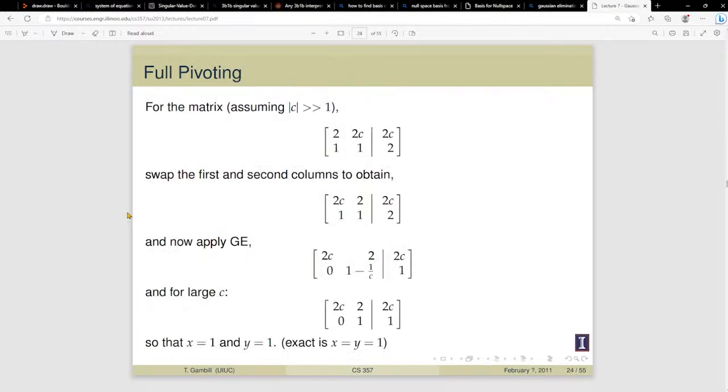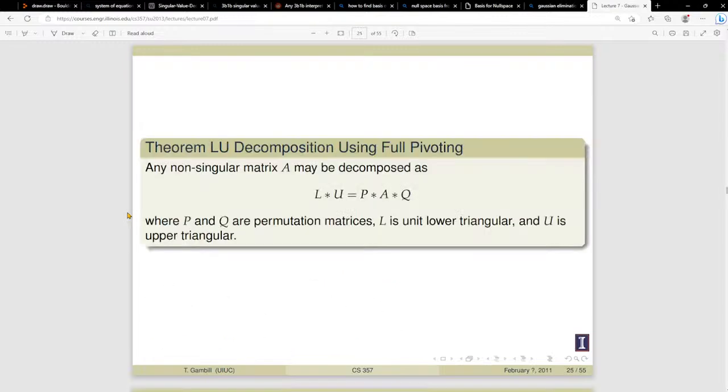I think I'll be okay with partial pivoting, because, well, really that's just wishful thinking. I can't actually justify that.